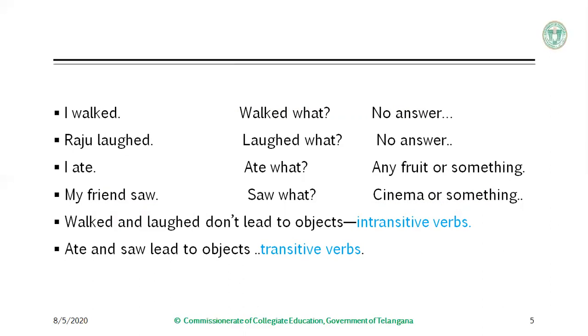Raju laughed. Laughed what? No answer. You don't get any answer for that. So these two sentences tell us that they don't need objects. I walked doesn't need an object. In the same way, Raju laughed doesn't need an object.